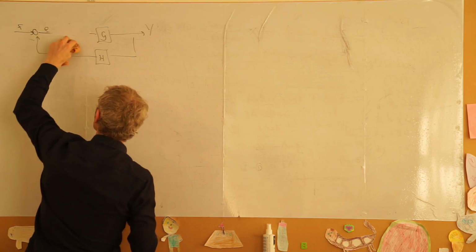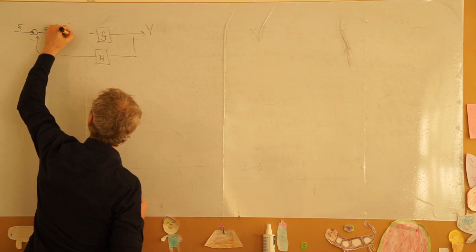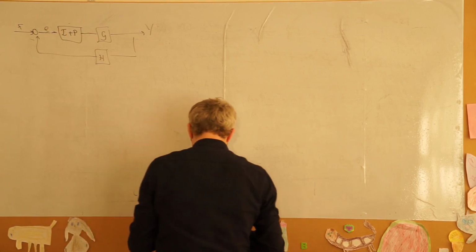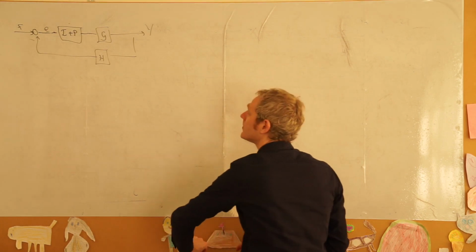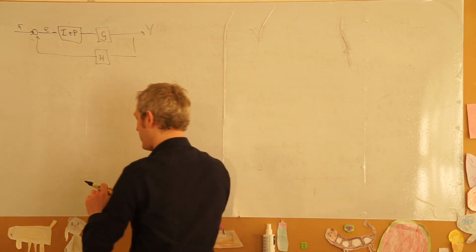So this becomes I plus P. And now I have 2 cascaded systems which yield a multiplication.